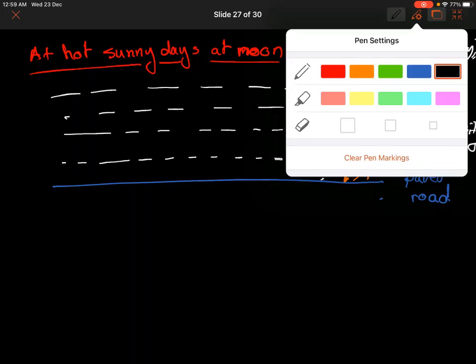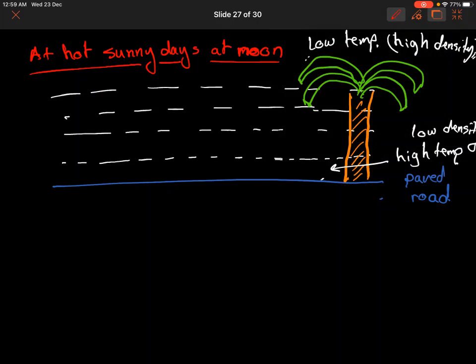Now, when a light ray comes from a high dense medium to a less dense medium, it will refract away this way. And the angle of incidence increases from above to the bottom. Now the light ray keeps refracting, increasing the angle of incidence. When the angle of incidence is greater than the critical angle, it will reflect.